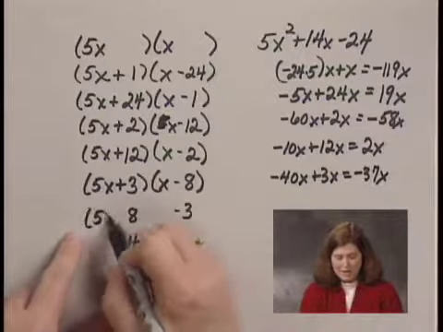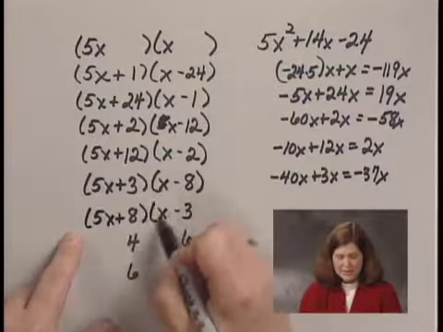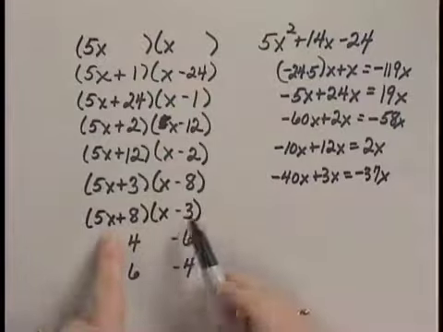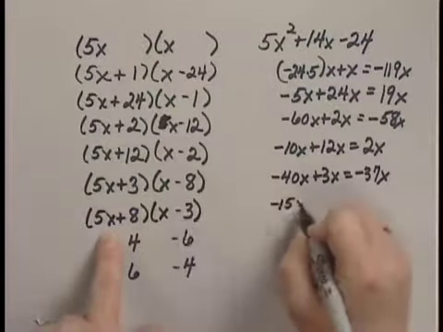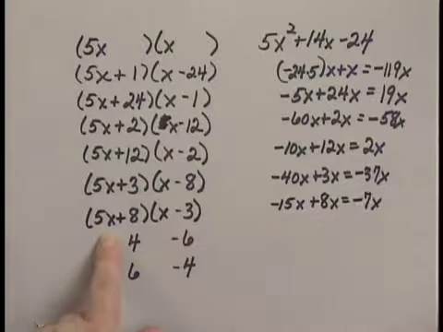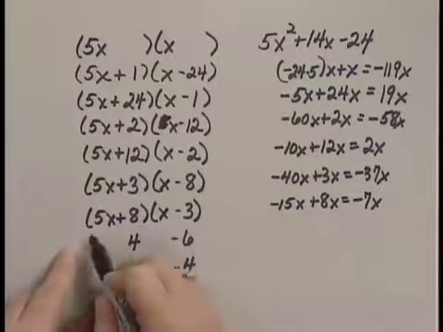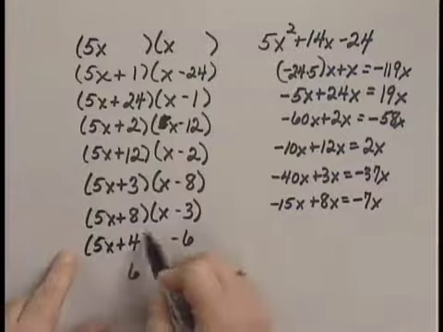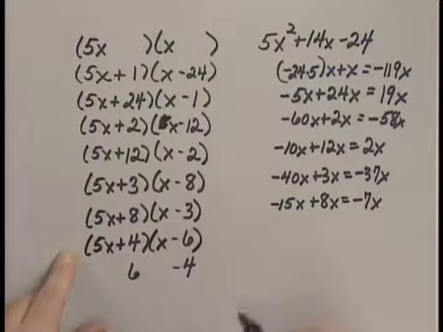I will try 5x plus 8, x minus 3. My middle term is negative 15x plus 8x, which is negative 7x. Again, that's not right. I'll try 5x plus 4, x minus 6.